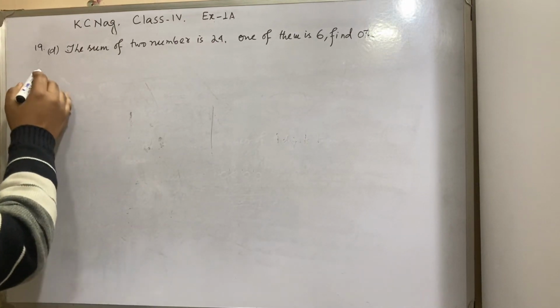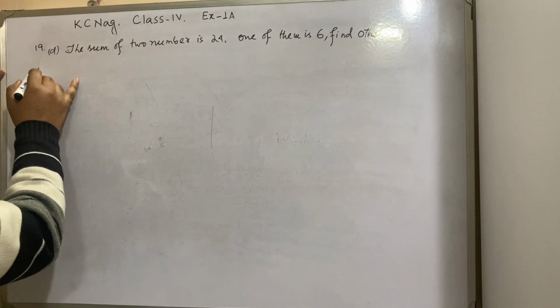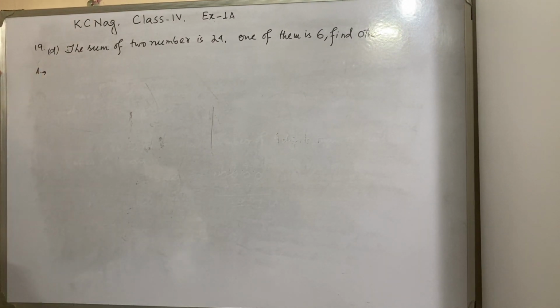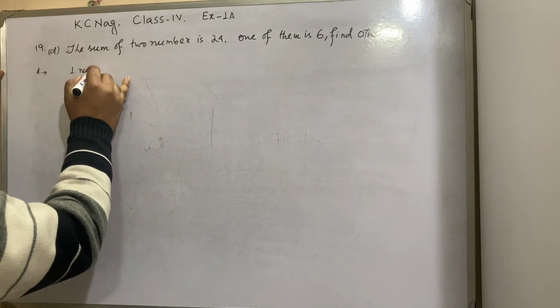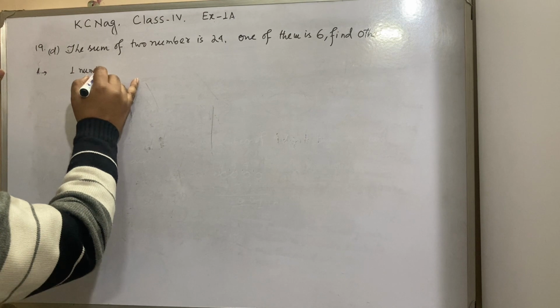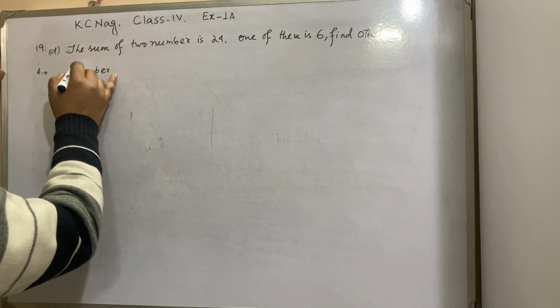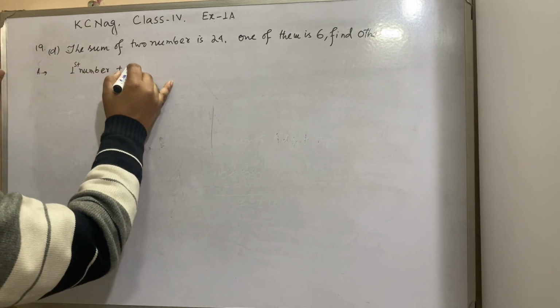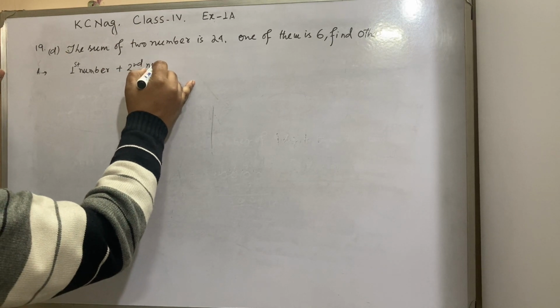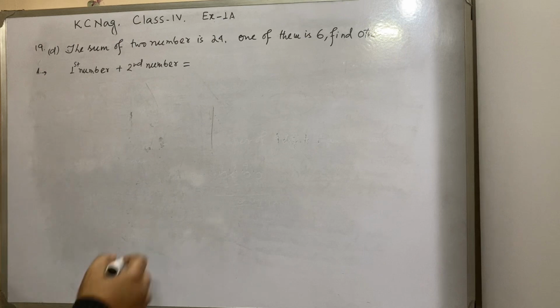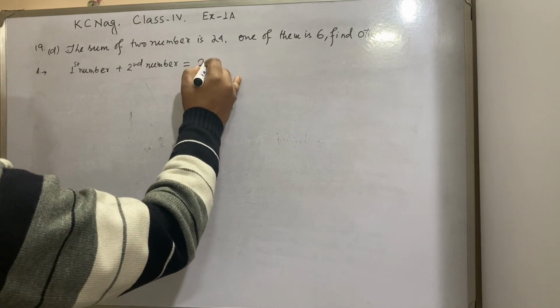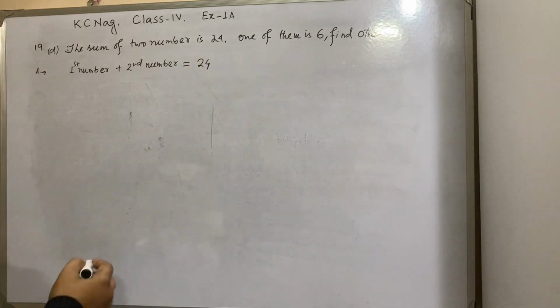Okay, so the answer is: first number plus second number. The sum of two numbers is 24. Any one of them is 6.